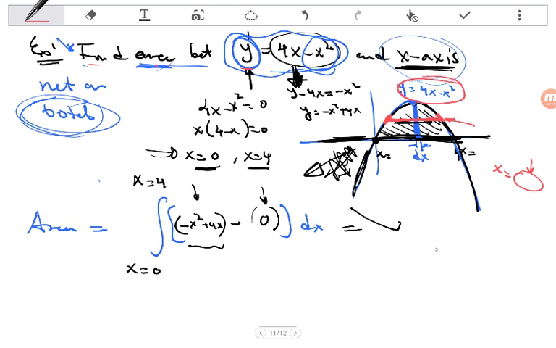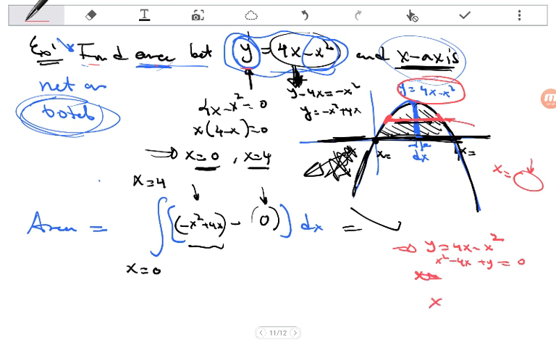How would I express this? I know that y is equal to 4x minus x squared. I need to express x as some function of y. Do you know how to express it as a function of y? I'm just looking at this as an equation in x. I can consider it like this: x squared minus 4x plus y is equal to 0, and consider y as if it is a constant. Then solve this quadratic equation.